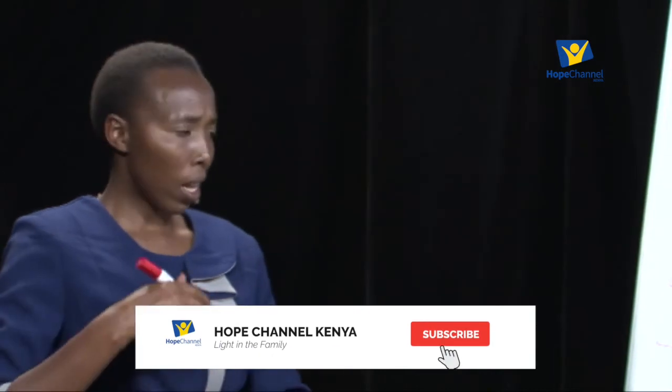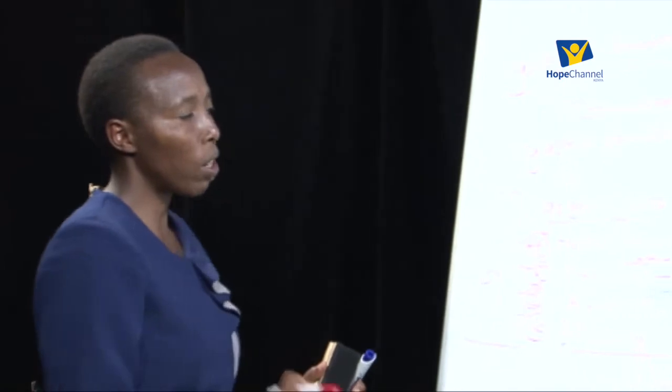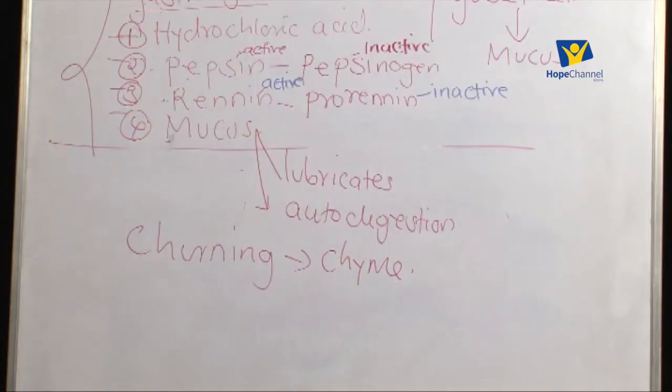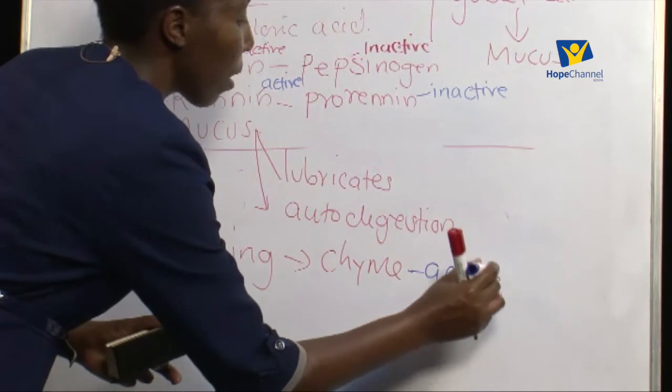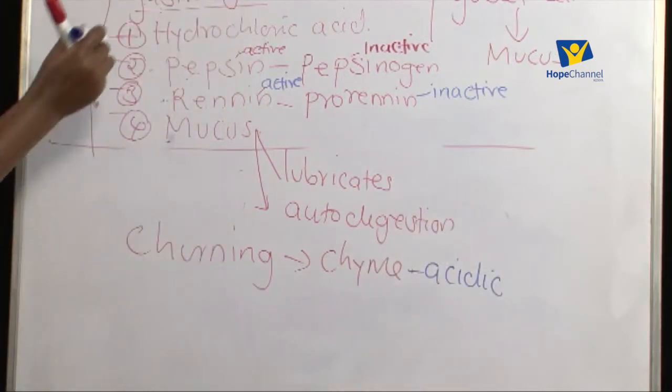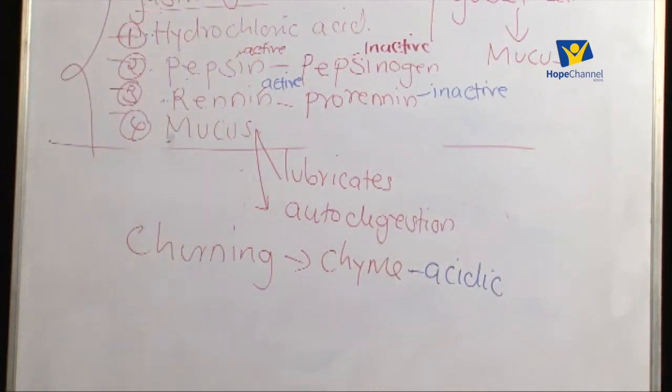Because of the churning, what we have in the stomach we no longer call food; we call it chyme. So at the end of digestion in the stomach, we are producing chyme. And remember, the chyme is acidic, because of hydrochloric acid.